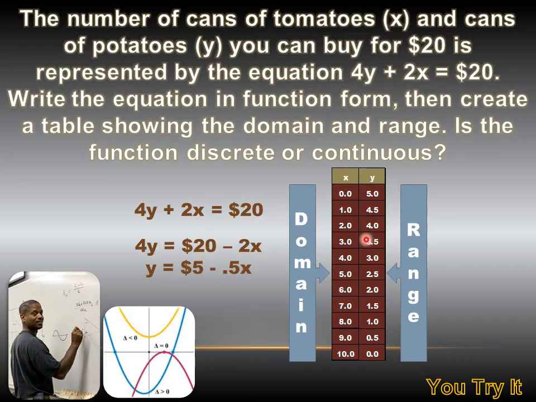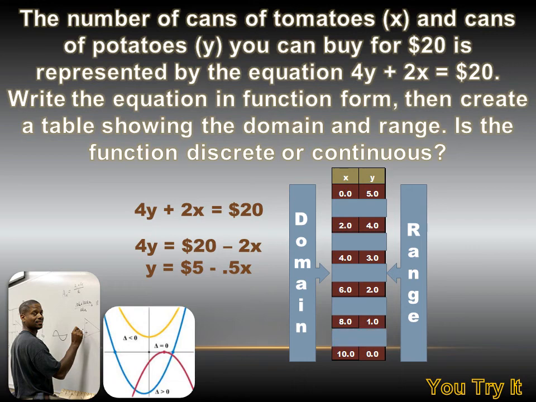No. How about 3.5 cans of potatoes? No. So all those half cans of potatoes are going to have to be eliminated. And that changes my domain to 0, 2, 4, 6, 8, and 10, and changes my range to 5, 4, 3, 2, 1, and 0.